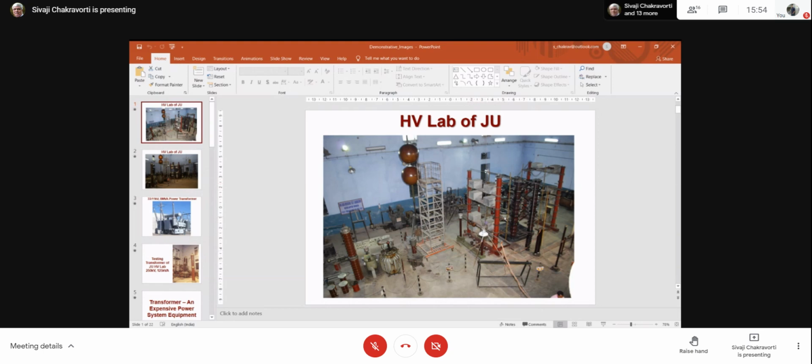Now I tell you my own story. It is 1985. I joined as a lecturer in our department. Immediately when I joined, this project was going on in our lab: we had received these capacitors from Germany, but now they had to be installed.